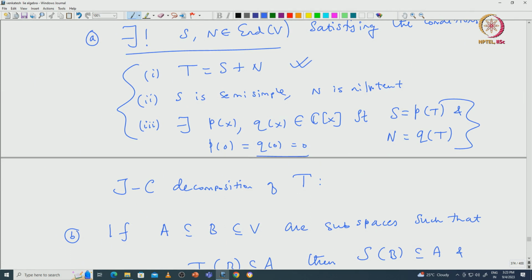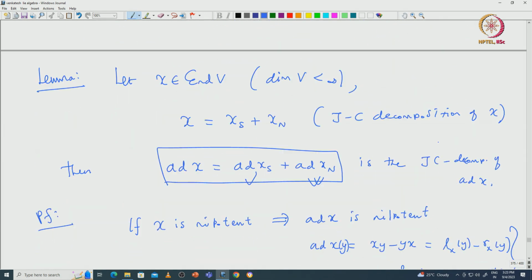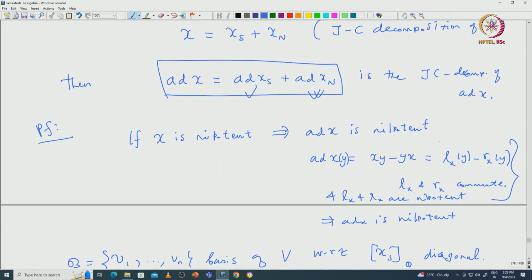ad x is nothing but ad x_s plus ad x_n, and ad x_s is semisimple and ad x_n is nilpotent. So, to prove uniqueness, we need to say that there are polynomials such that ad x_s can be written as a polynomial in ad x, as well as ad x_n.